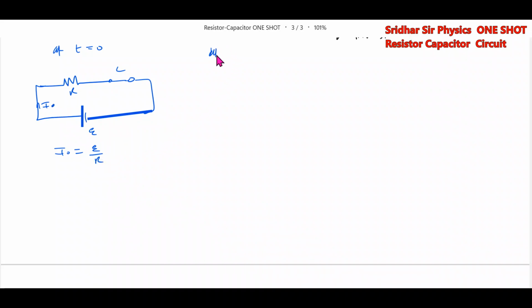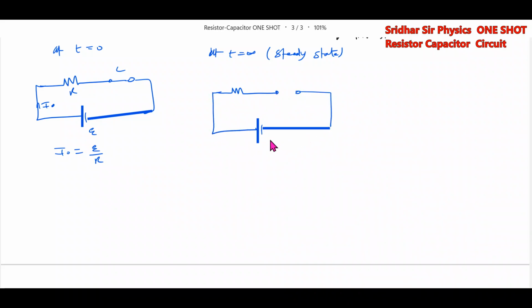Then at t equal to infinity, or better call this steady state, all capacitors are put as open circuit. No current will flow, so the drop across the capacitor will be that of the applied EMF. This is the open circuit. Here this will be short circuit. Then what is VAB? VAB equals E.